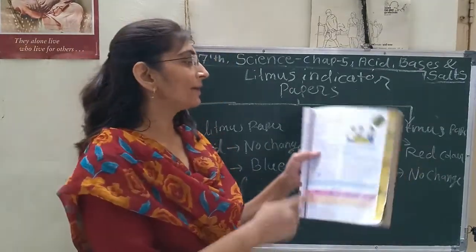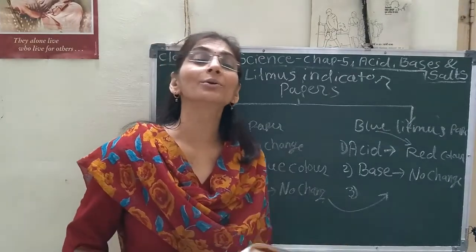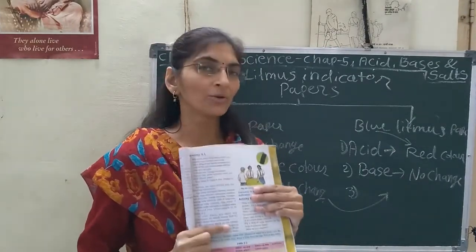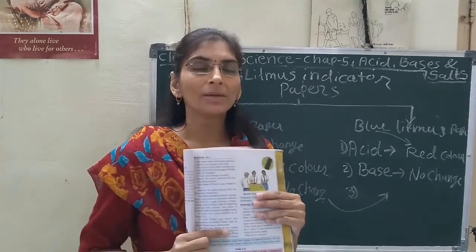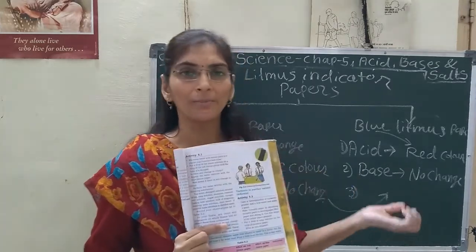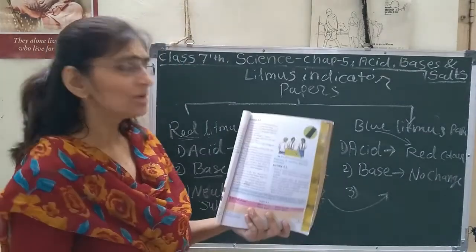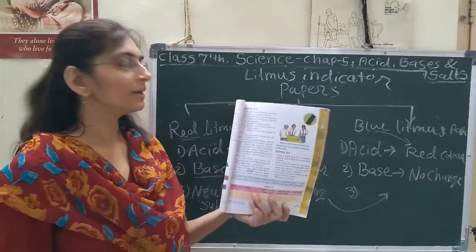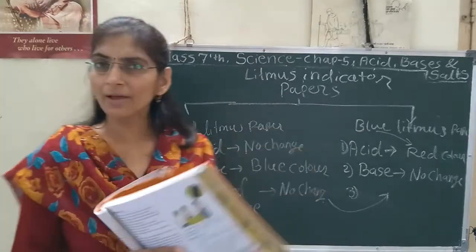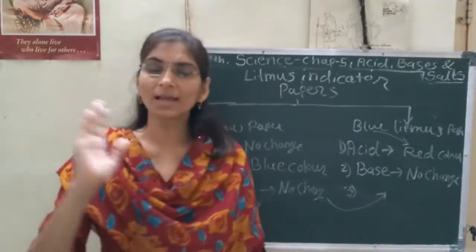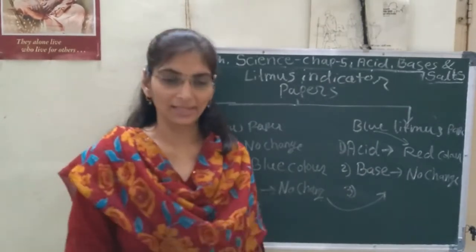So here we have to do activity 5.1. At home also you can do this, but you must have the indicator solution. Whenever possible we will do it in our lab. So what is given in that activity? In that activity, we have to take an acidic substance and a basic substance.